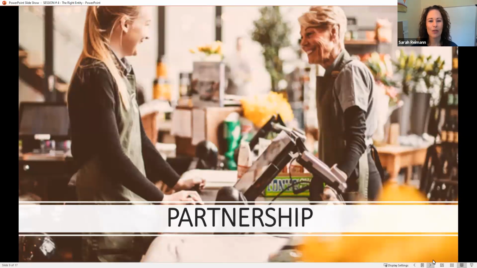The second entity we're going to touch on today is a partnership. Essentially the same rules apply to a partnership as they do to a sole trader, except that there are 2 or more people involved. It is a group or association of people who carry on business together and distribute income or losses between themselves, and they share control of the business.